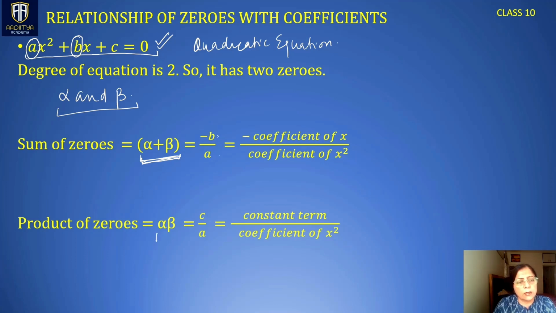Similarly, if alpha and beta are 2 zeros, then the product of those 2 zeros can be expressed as c by a, where c is the constant term divided by the coefficient of x square, which is a. This is the formula that we have to verify in any quadratic polynomial. First we have to find the zeros by equating it to 0. Then we need to verify these two relationships in any case.